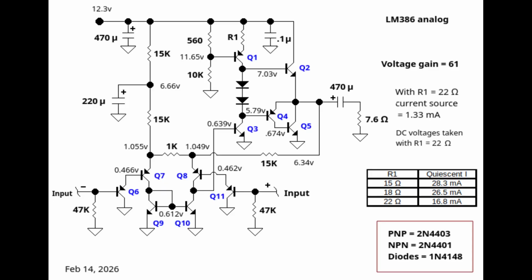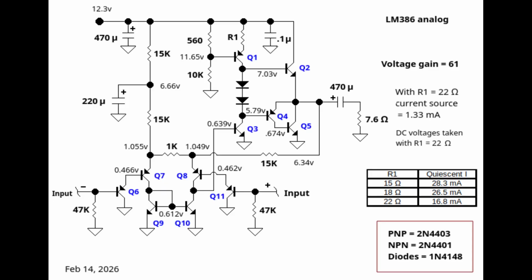The input emitter coupled pair are Q7 and Q8. Q6 and Q11 are emitter followers, and their bases are voltage referenced to ground via 47K resistors. These resistors set the input impedance of the LM386 device.